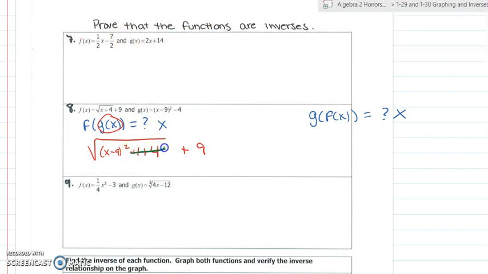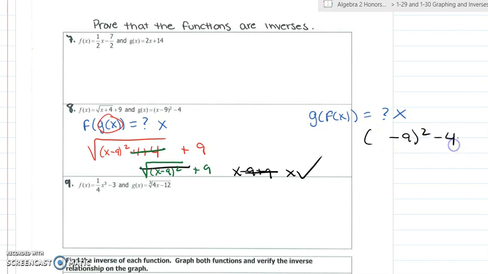The negative 4 and the 4 cancel out, and you're left with the square root of (x minus 9) squared, plus 9. The square root cancels out, and you're left with x minus 9 plus 9, which cancels to be x. So that works so far. Now you have to do the same thing, but take g, and everywhere you see an x, replace it with f of x.